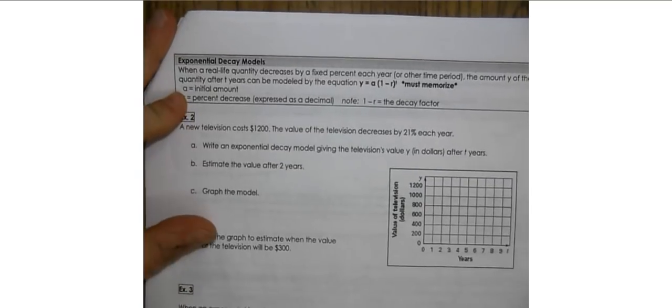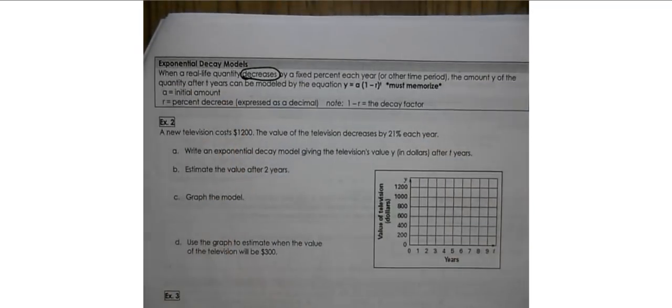We are going to now transition to exponential models and how to identify pieces of information based on an exponential decay model. We have ourselves a new formula that you will need to know. So it says when a real life quantity decreases, you're going to see language that says decreases, or declines, a population declines, or goes down.